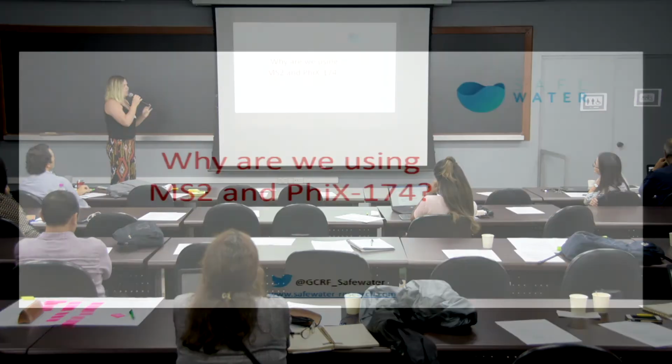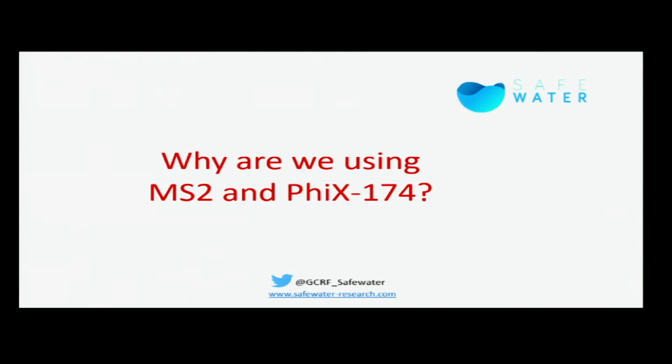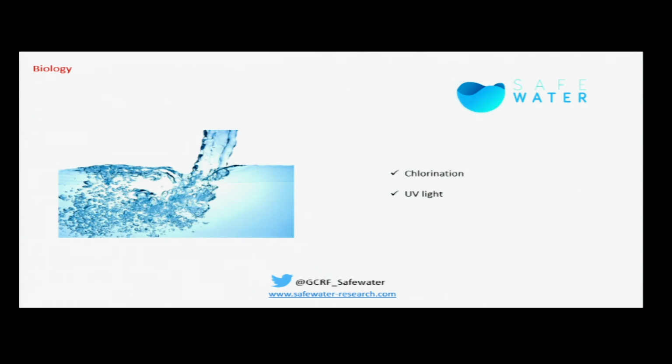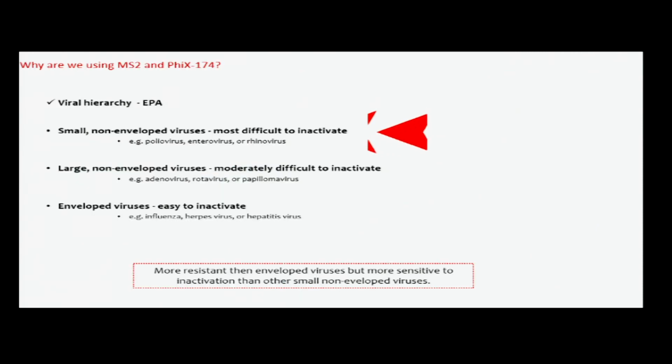So why are we using MS-2 and Phi? Because our goal is to provide clean water for everybody, and we use basically chlorination and UV light to disinfect the water. According to EPA, there's a viral hierarchy.